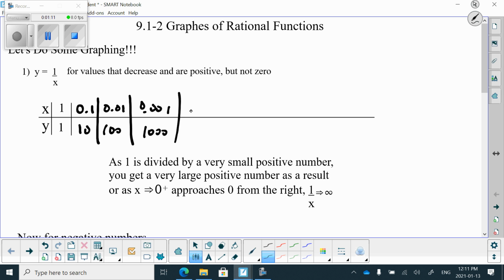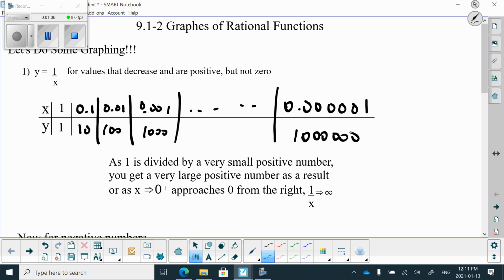I'm going to keep doing this, but I'm just kind of exaggerating here. How many zeros do I have in this one? 0.00001, we'd get 1 million, yeah.